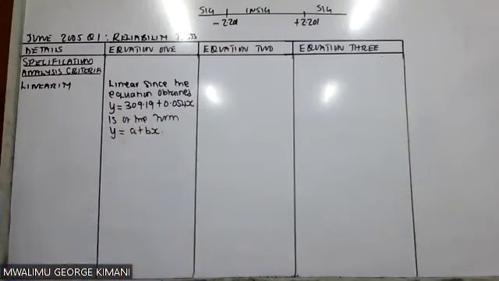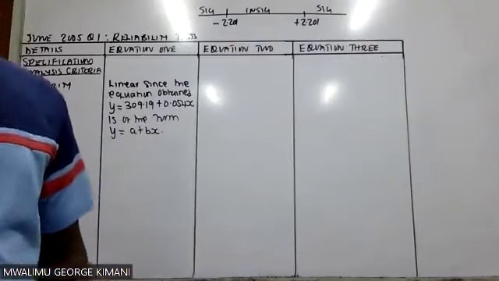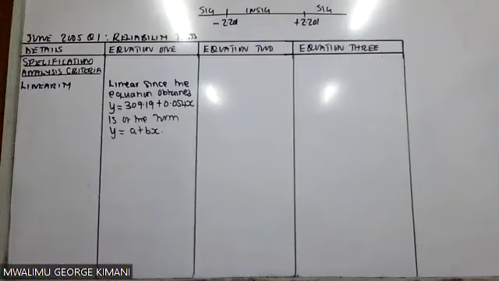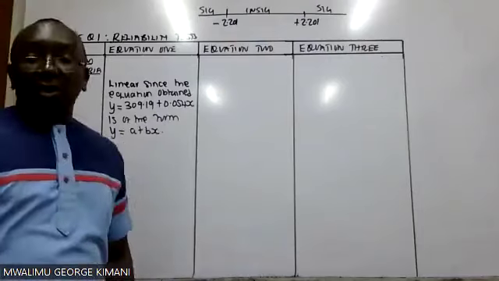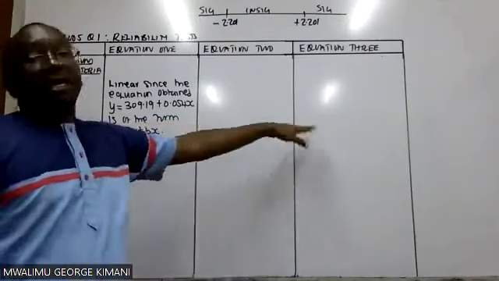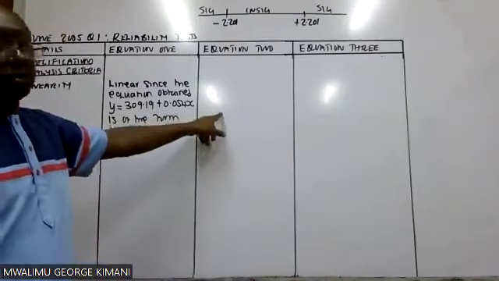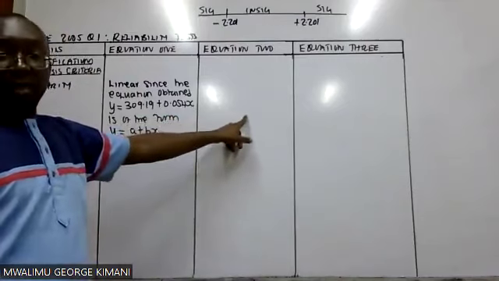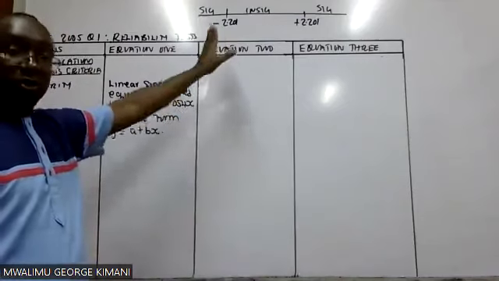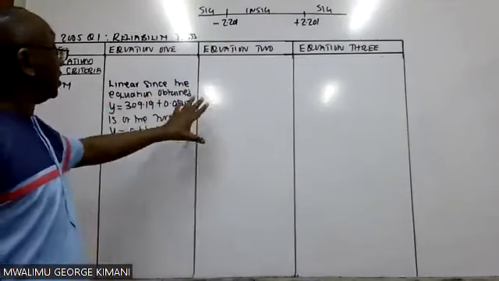Yeah. So that is the comment that we will make. It is linear. And the same thing now, you will copy for the others. They are also linear. And copy their equations. The equations tulikuwa nazo hapo juu. So make the same comment.